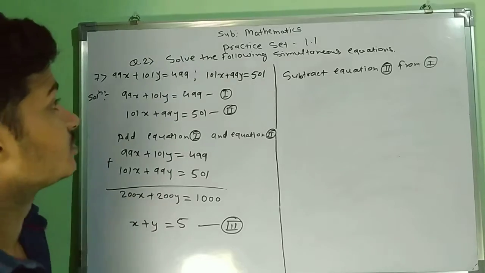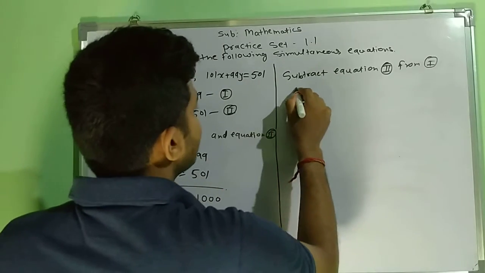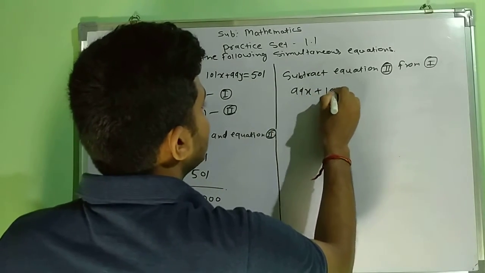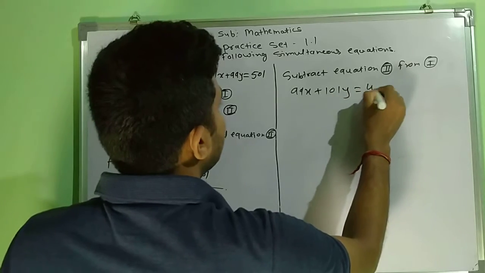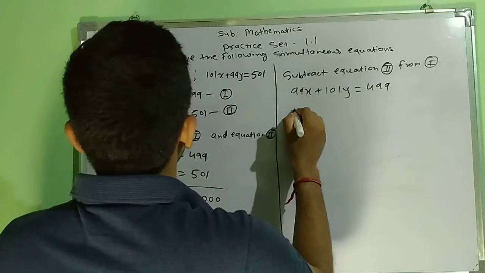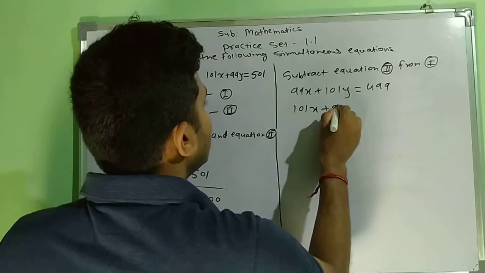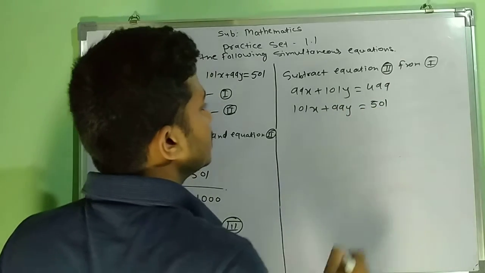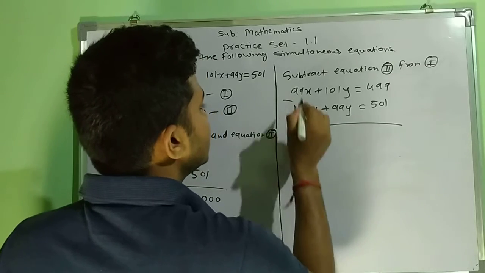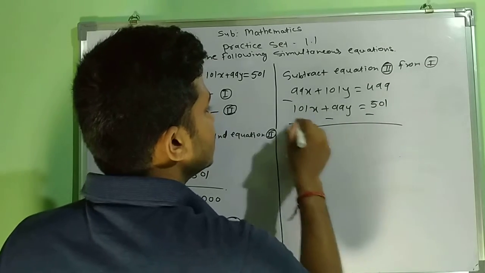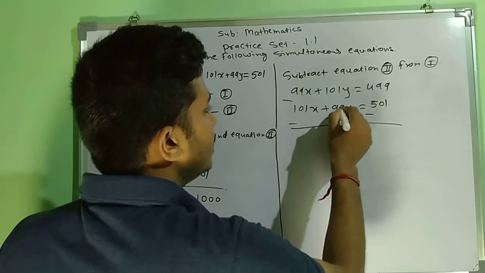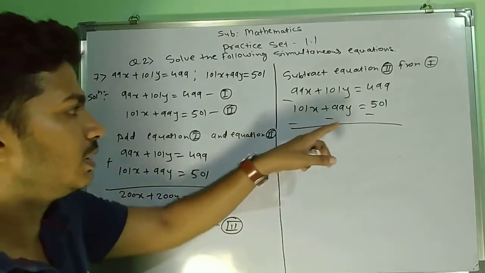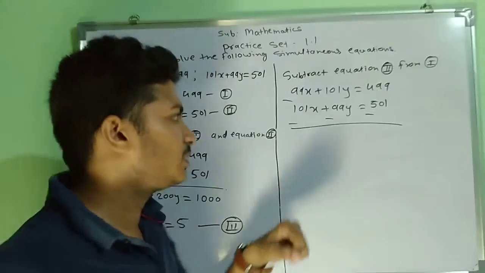So we write 99x plus 101y, which is equal to 499, and 101x plus 99y, which is equal to 501. As we have to do subtraction, the signs will change. That 101 becomes negative, 99y becomes negative 99y, and that 501 will also become negative.